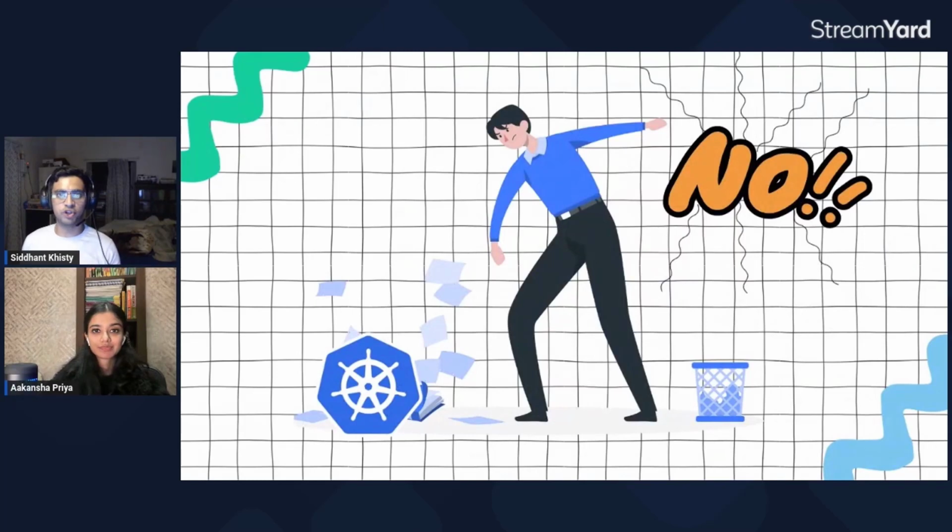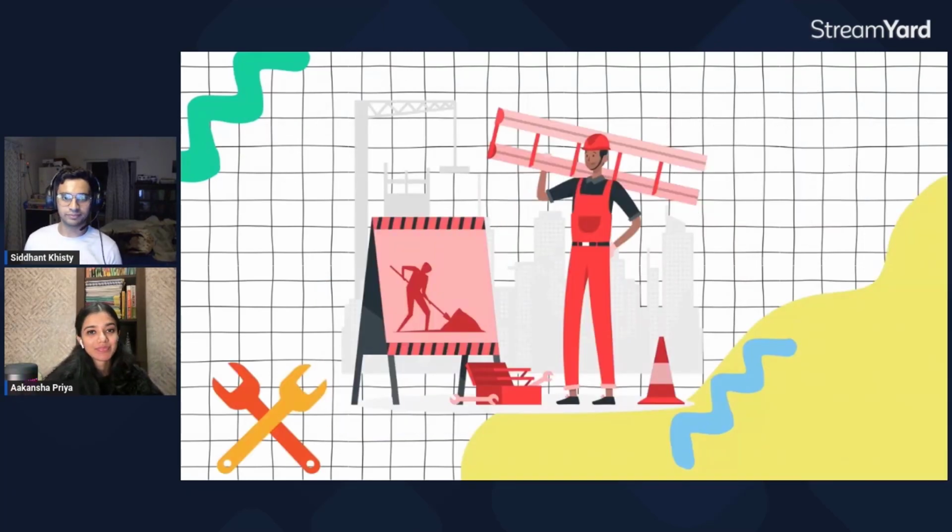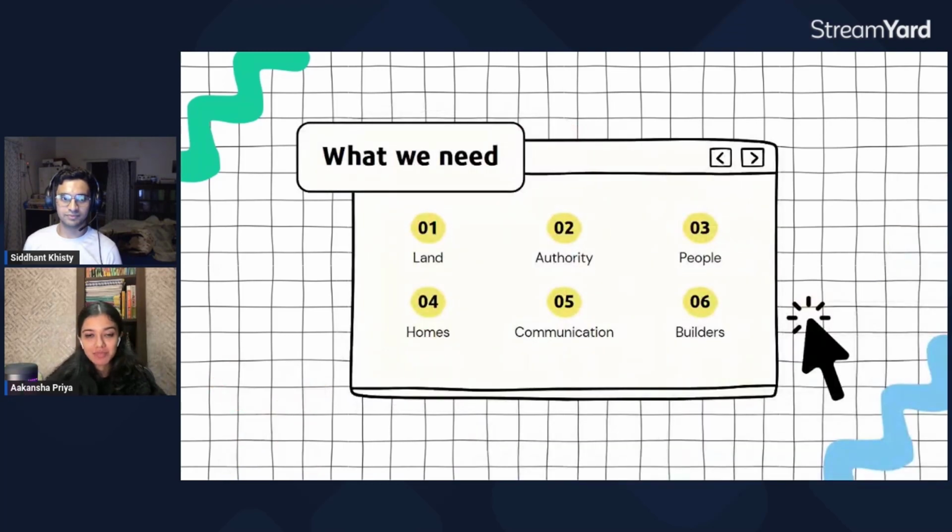But we're not talking about Kubernetes today. So let's just throw it out of the window for now. We will be actually building a nation, right? It sounds interesting. We will be requiring a few checklist items, six main items. First is land, of course, because we can't build a country without land. Then we need some authority who will govern all the actions taking place in the country.